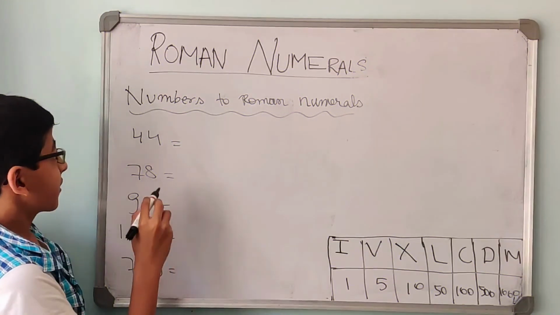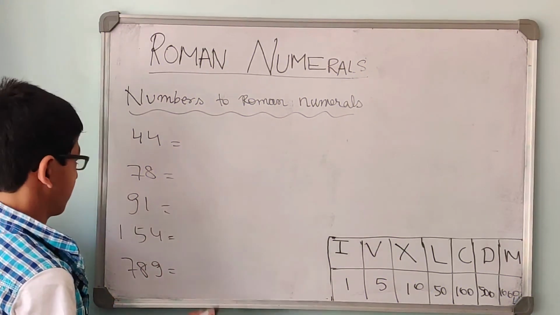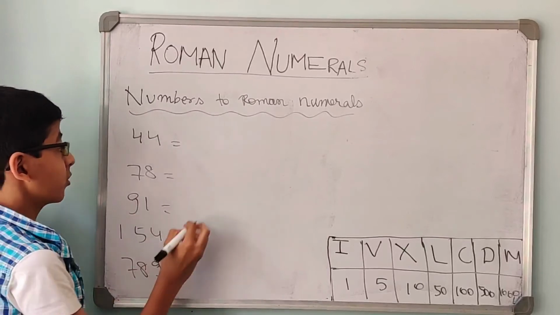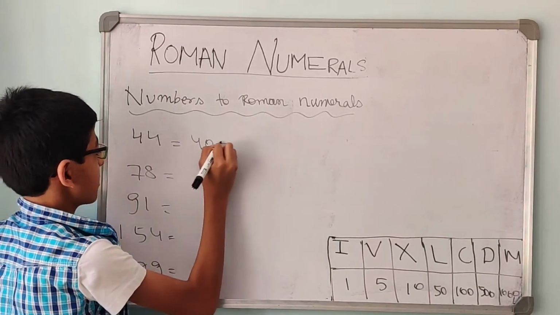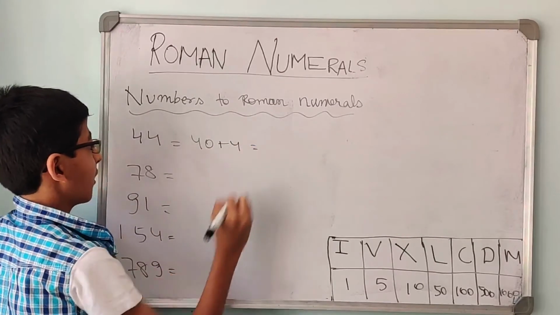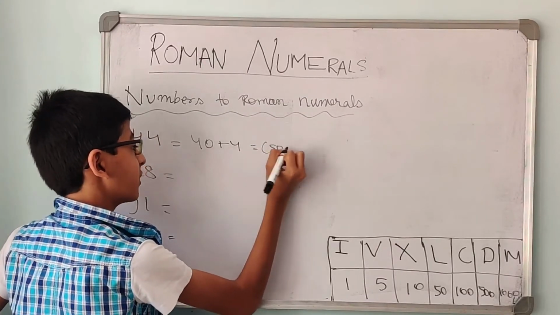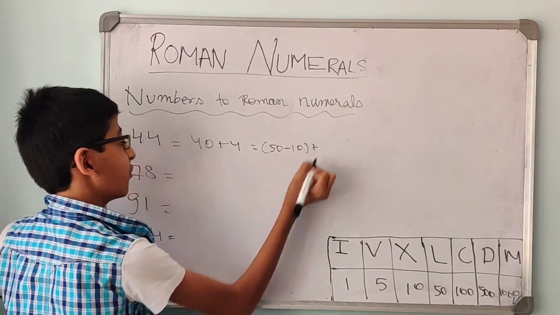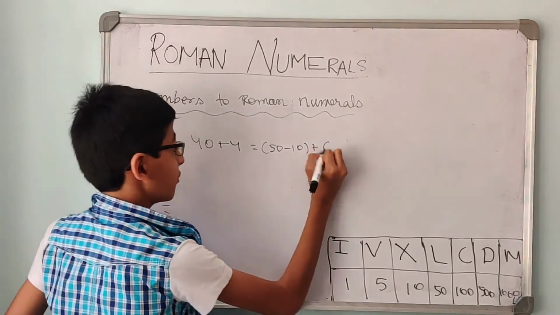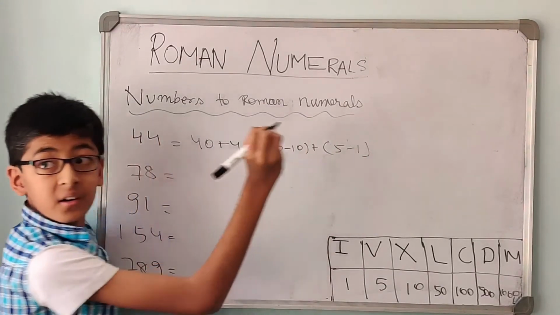So now let us convert the numbers to Roman numerals. So 44. You know that 44 is 40 plus 4. Now 40 can be written as 50 minus 10 and 4 can be written as 5 minus 1.